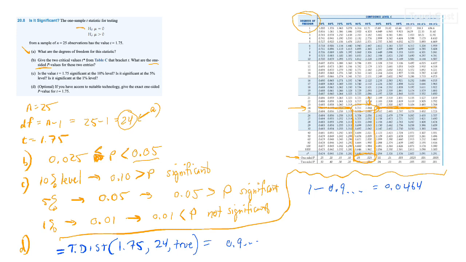So this is the actual value. You can see it's pretty close to 0.05, or 5%, but not quite. It's 4.6% where it comes into play here. So it's between the 90th and the 95th percentile.